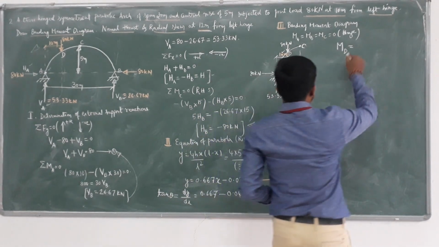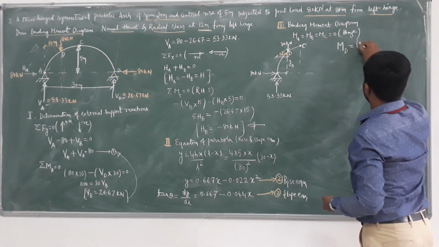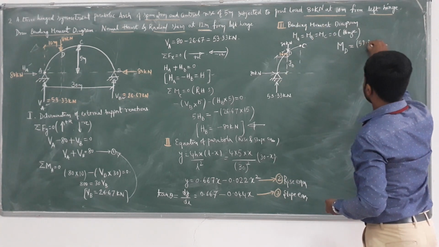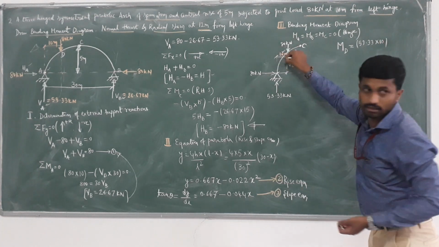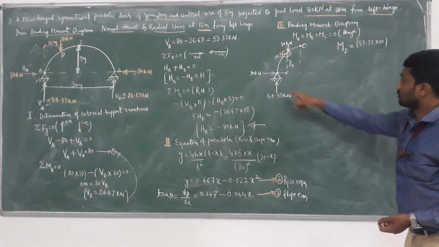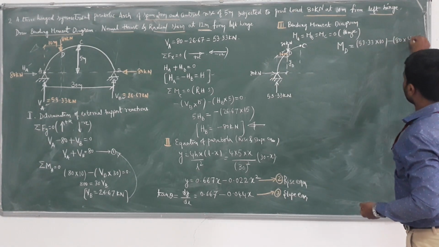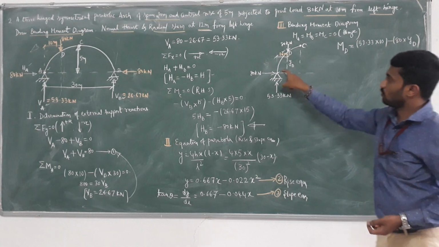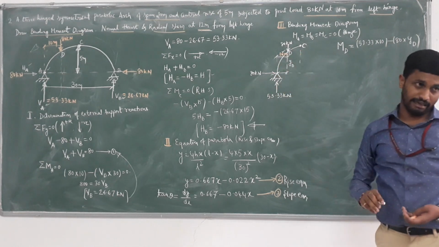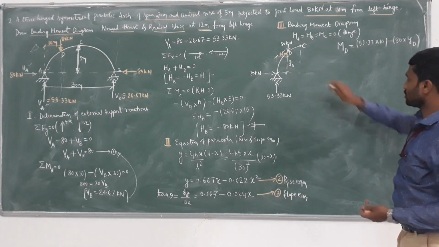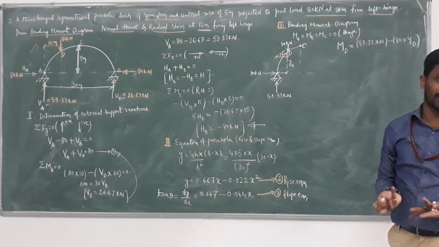Clear? So, if you write the equation, 53.33 is rotating clockwise, load into perpendicular distance 10. This 80 is rotating anti-clockwise, 80 into perpendicular distance YD. The other 80 will not come because I am considering that particular point.